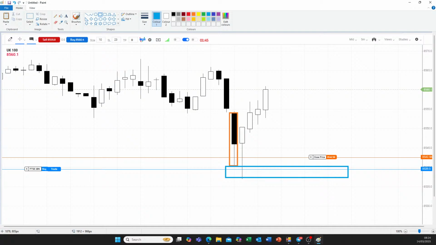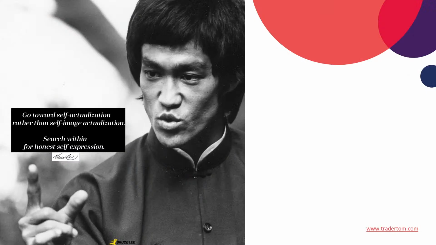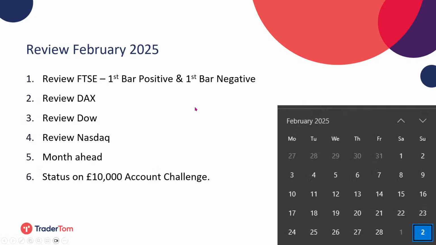Now, I'd like to show you something. When I reviewed the performance of first bar positive, which is its opposite, and first bar negative, let's focus on first bar negative for now.